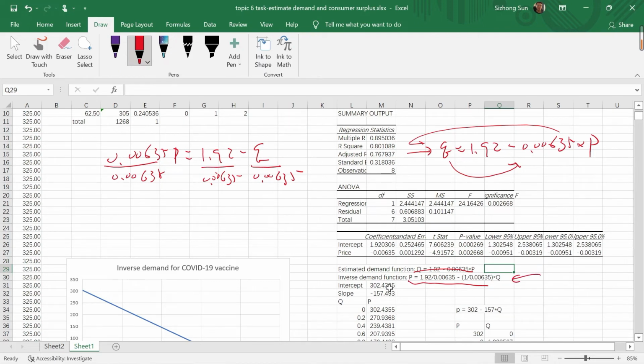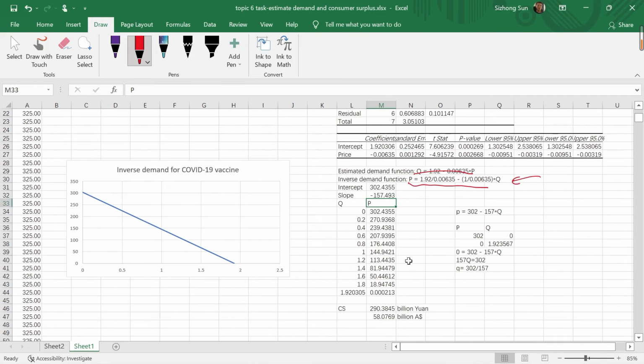The intercept of this inverse demand function is just 1.92 divided by 0.00635, and the slope will be negative 1 over 0.00635. Okay, so it's 157.